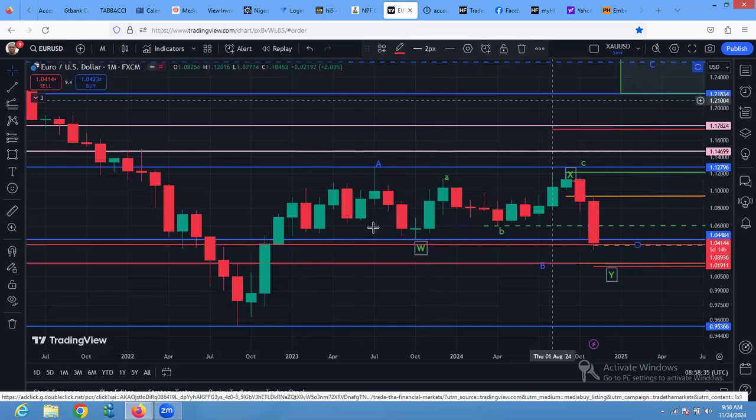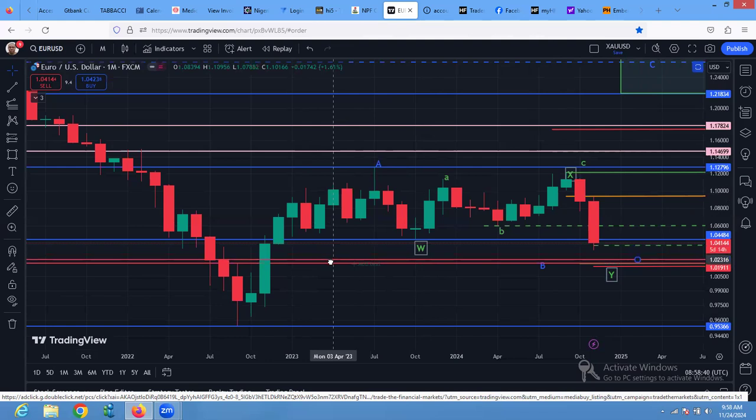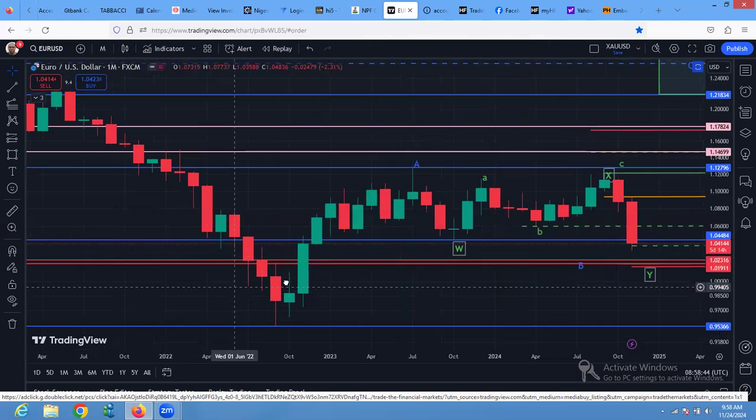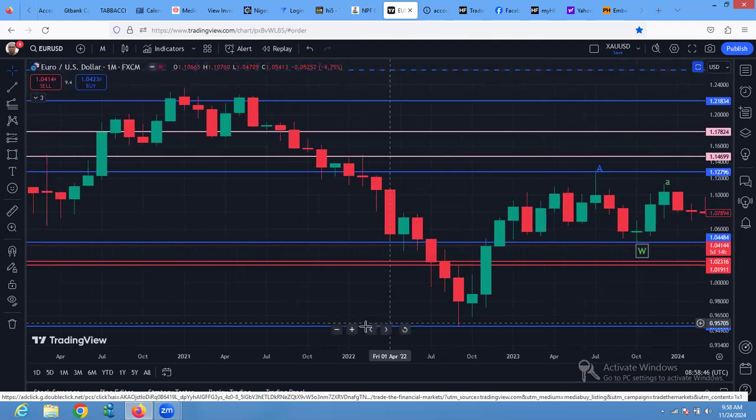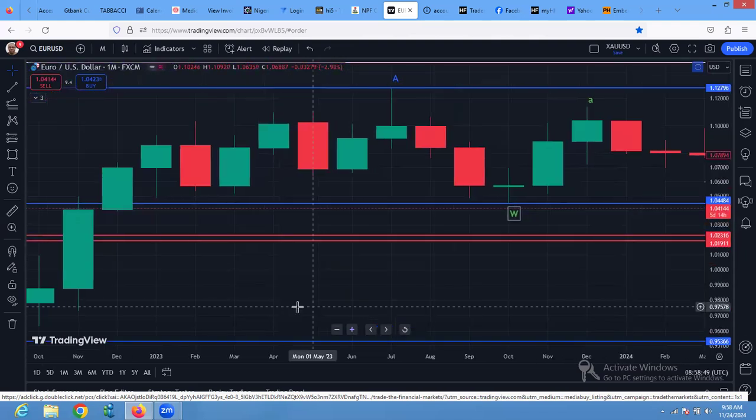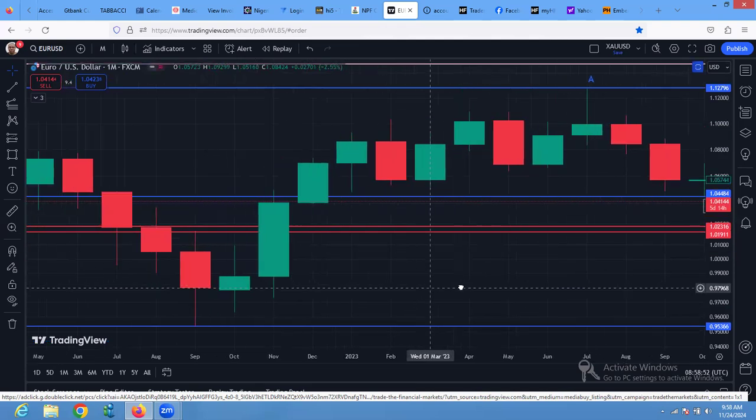Or here, which is the close and the open of this candle, this particular one here. So those are the two areas, the high confluence areas, we are looking for price to navigate.